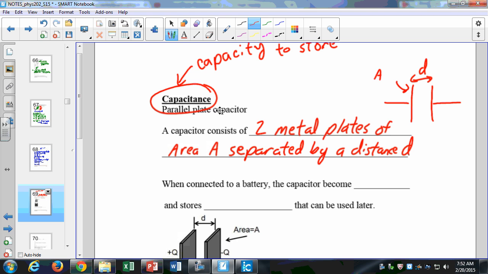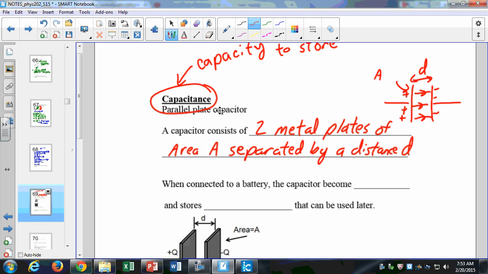Remember, we talked about how if you get positive and negative charges on each side, then we set up an electric field. So within a capacitor you have this electric field. We're not going to talk about the electric field in terms of the capacitor, but we've already dealt with this cartoon version of a capacitor a lot when talking about electric fields.